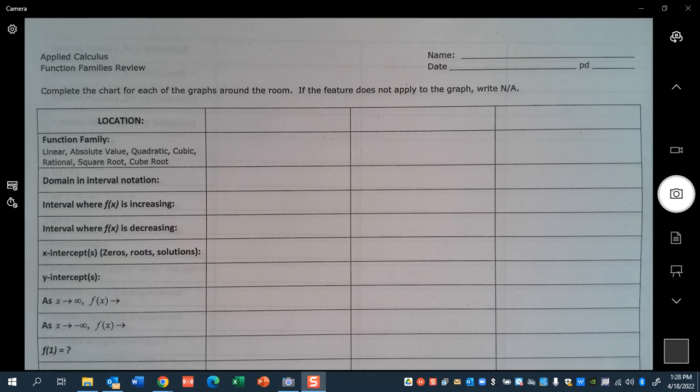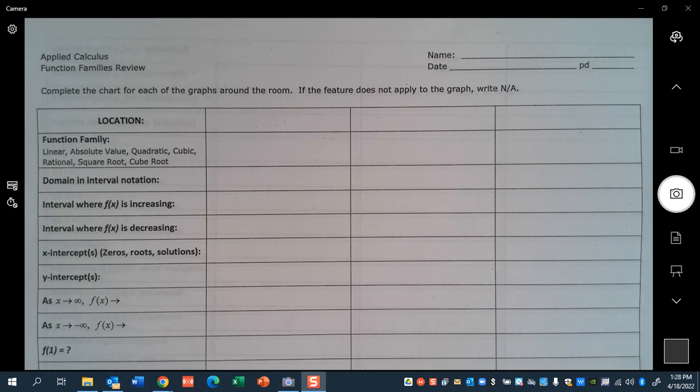And you should be able to describe what that function is in terms of what's going on with x. So are we looking at a linear, quadratic, cubic function? Are we looking at a piecewise linear function? Are we looking at a square root, an absolute value? Are we looking at a cube root?